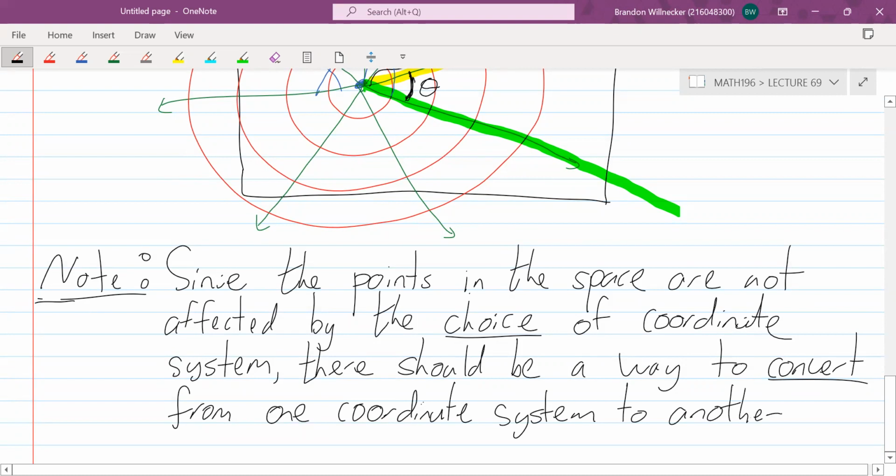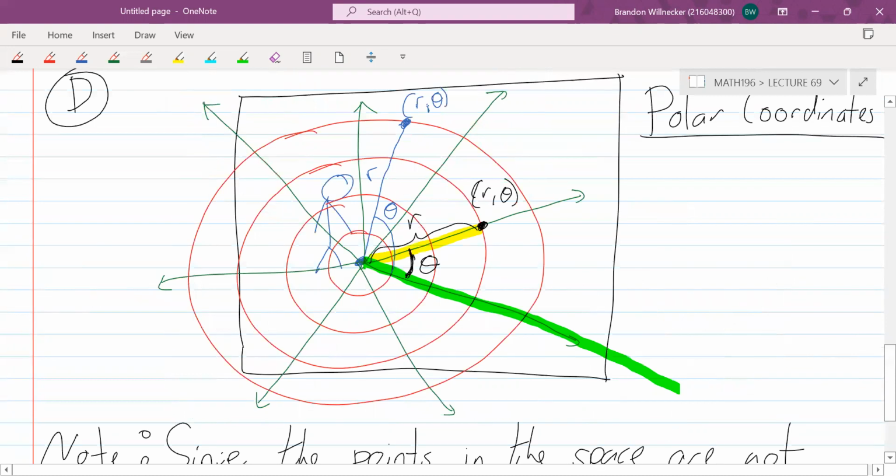Okay, so what do I mean by that? Well, if I'm picking polar coordinates and I give you a point, let's say this is point P. If I say point P is at the point r theta with my polar coordinates, and you say, no, I don't want to use polar coordinates, I want to use Cartesian coordinates, and you give me a different label for point P. We're both labeling the same point, but the labeling is going to be different.